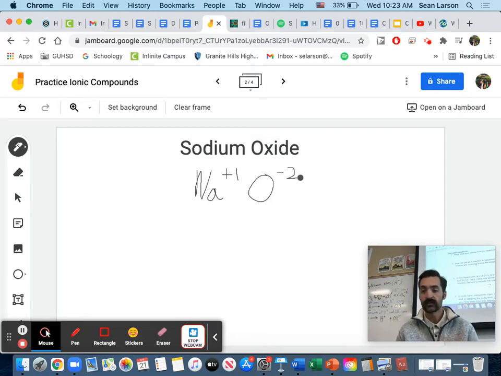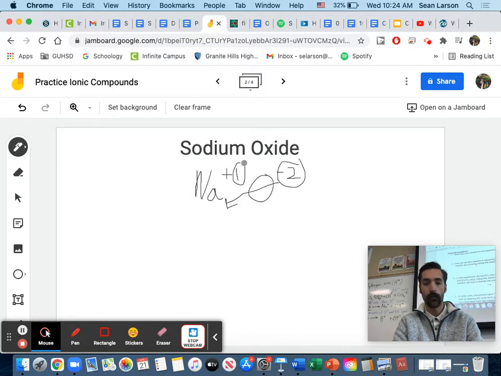Once again, we're going to use the crisscross rule in order to figure out how we can bring these 2 elements together to create a neutral ionic compound. So this 2 goes to the bottom of Na. This 1 goes to the bottom of oxygen. So we're going to need 2 sodiums and 1 oxygen in order to create a neutral compound.